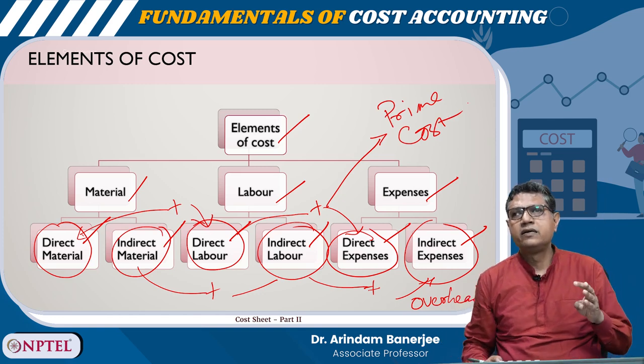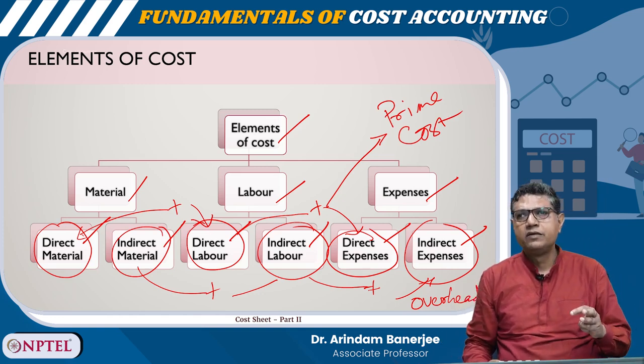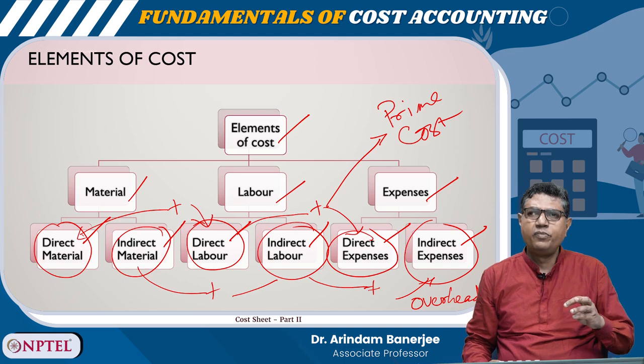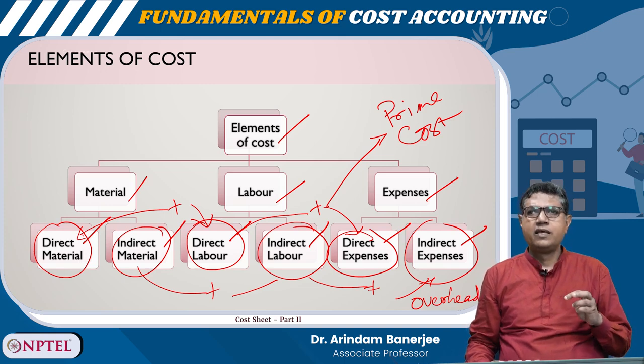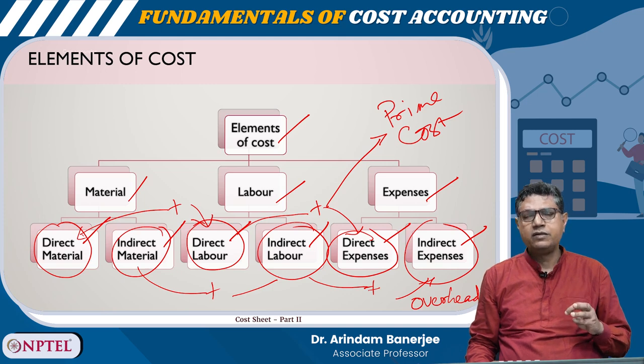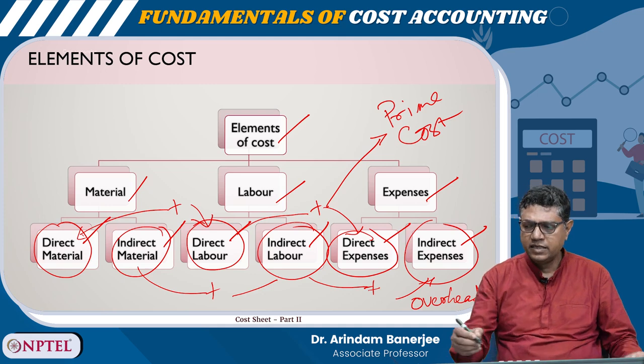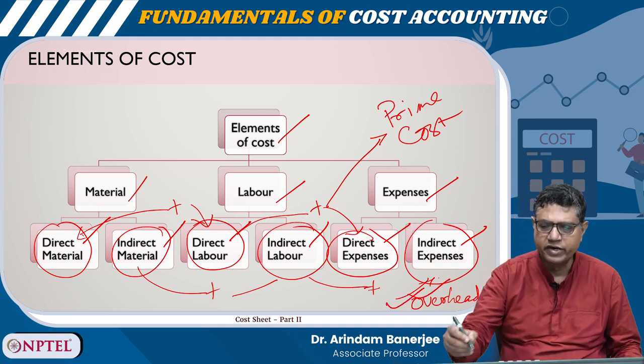So if I add direct material plus direct labor plus direct expenses, it is called prime cost. If I add indirect material plus indirect labor plus indirect expenses, it is called overhead.